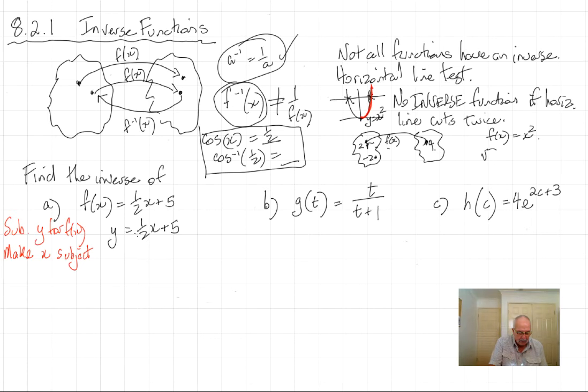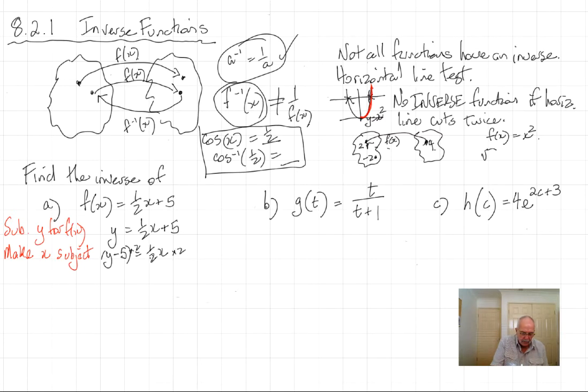If we can isolate the half x, that will be well and truly on our way to getting x by itself. So that means we've got to take 5 from both sides, and we get y minus 5 equals a half x. And then if I just multiply both sides by 2, bear in mind I've got to multiply everything over there by 2.